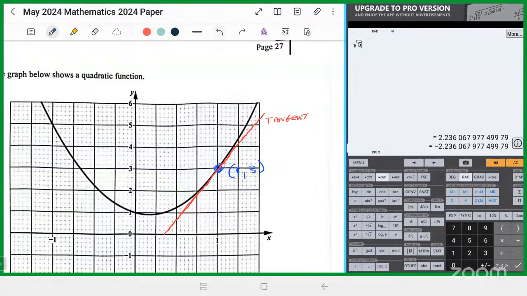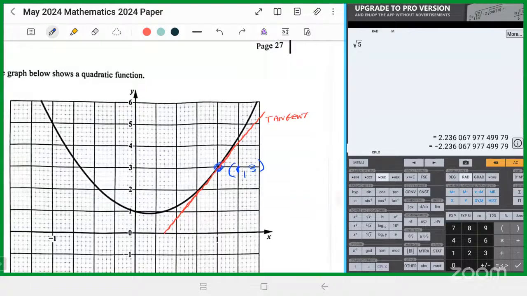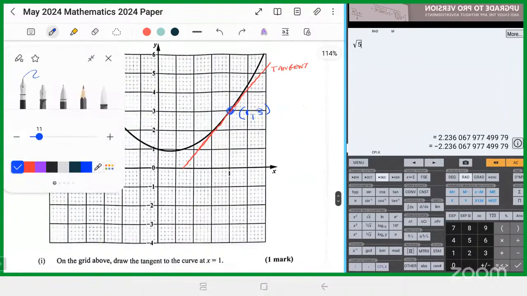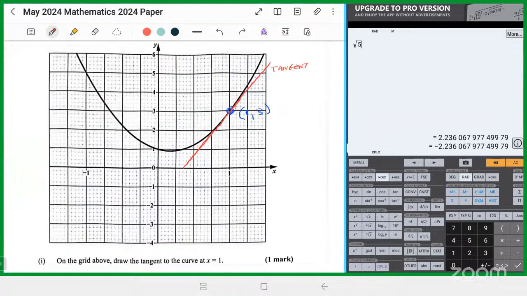To find the gradient at this point, we need to find another point on the tangent. Find another point on the tangent, and then use those 2 points on the tangent to calculate the gradient between them. Then use that gradient of the tangent as the gradient of the curve at that point. So I'm not seeing 2 clear points right now, so I basically have to extend this tangent further down until we can find another point.